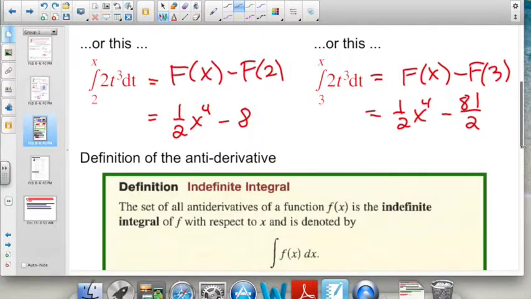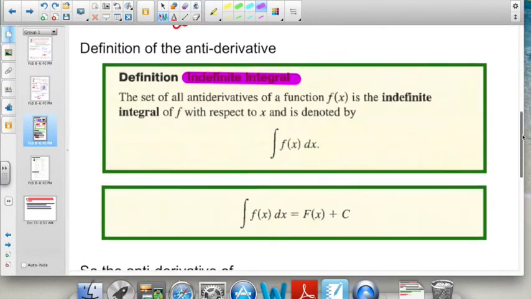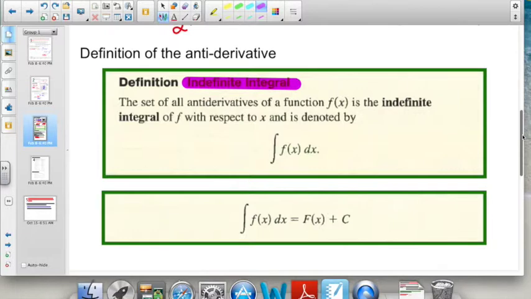Okay. So the idea is this: when we talk about an antiderivative, and I'm going to be really careful with my verbiage here, because we call the antiderivative a bunch of different things. We call it an indefinite integral. Think about the opposite of indefinite. The opposite of indefinite is what? Definite. Definite integrals have what?